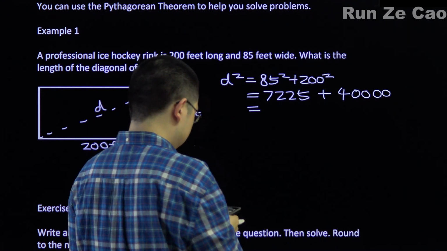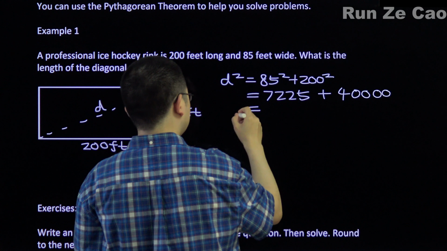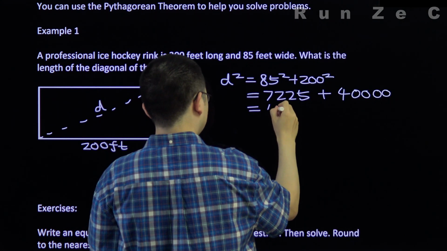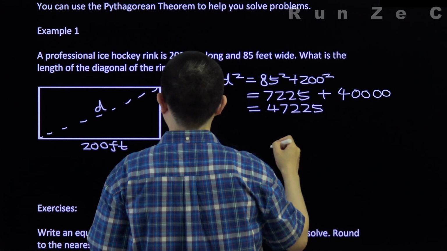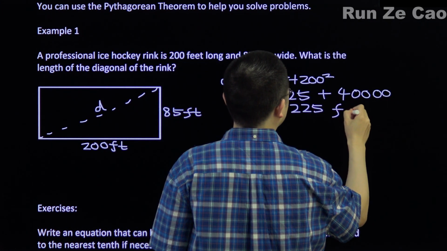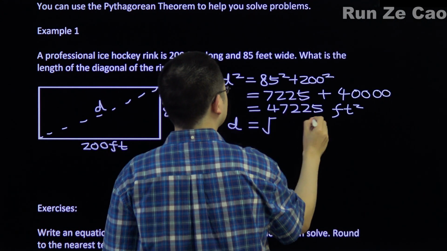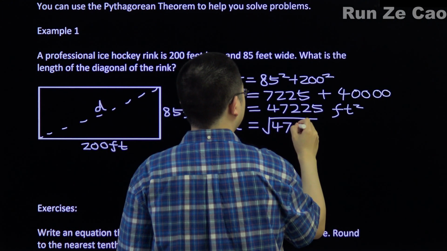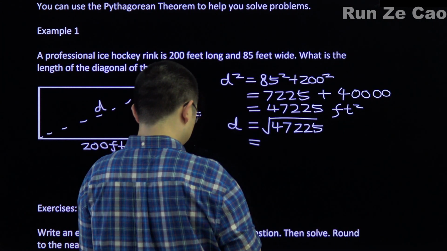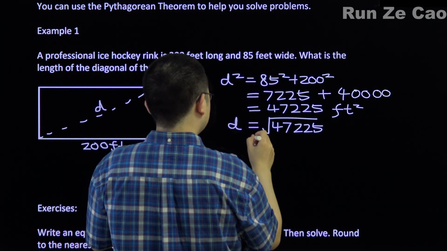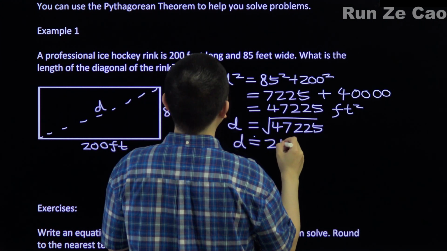So this is going to end up with d squared equals 47,225 square feet. But that means d is equal to square root of 47,225. So square rooted, it's approximately 200.